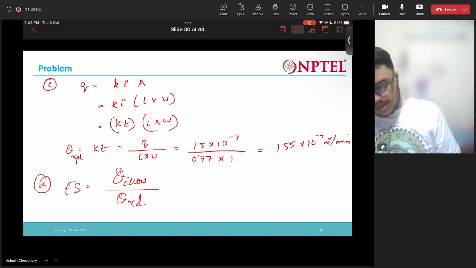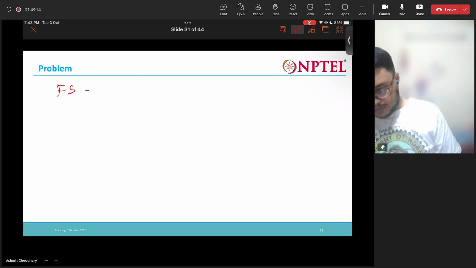So what is theta allowed? Theta ultimate divided by the cumulative of reduction factors. Theta required, the factor of safety, is 5 into 10 to the power minus 4. This is given. This is also given.